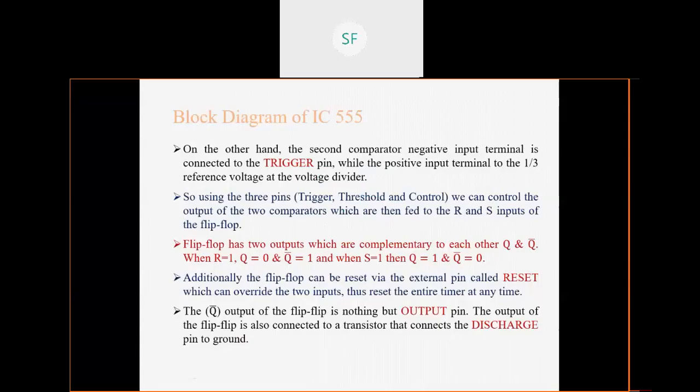So same point is mentioned here: the second comparator negative input terminal is connected to trigger pin, while positive input terminal to 1/3 reference voltage at the voltage divider. So 1/3 reference voltage is nothing but VCC by 3.